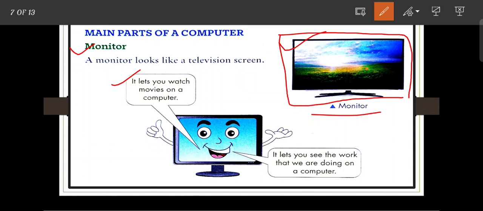Next, it lets you see the work that you are doing on the computer. So when you are working on a computer, it shows on the monitor what you are working on. So we use the monitor to watch movies and also see the work that we are doing on a computer.